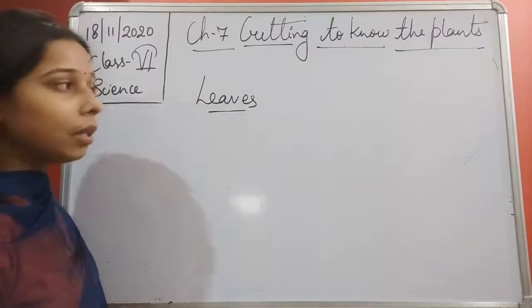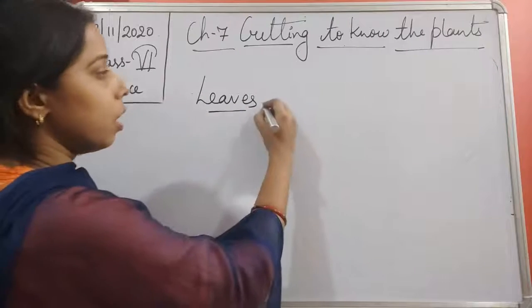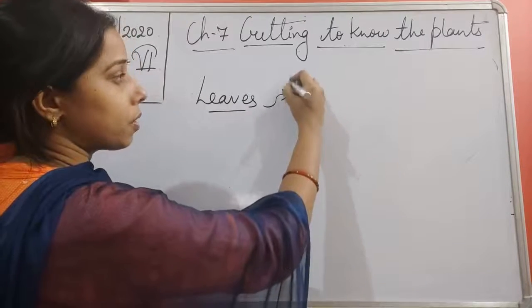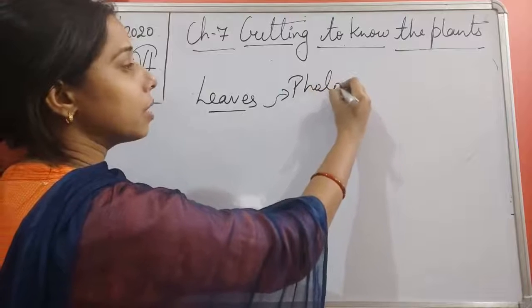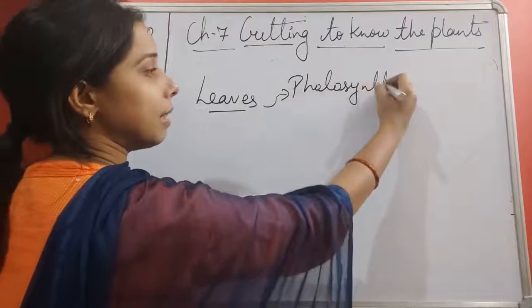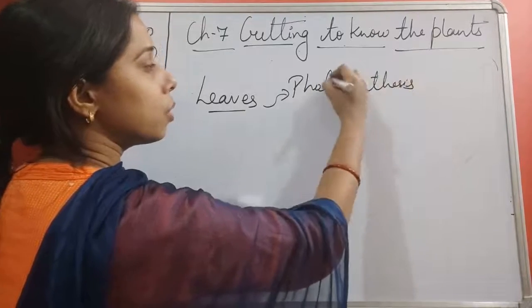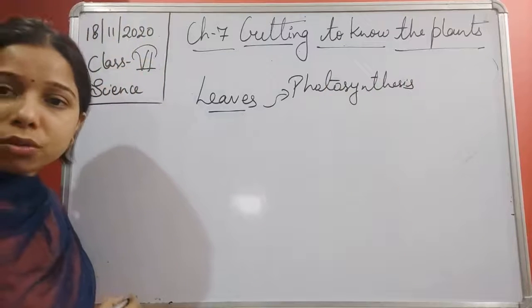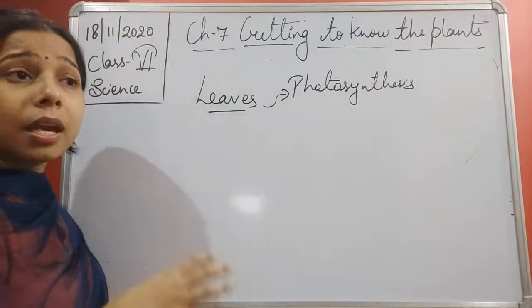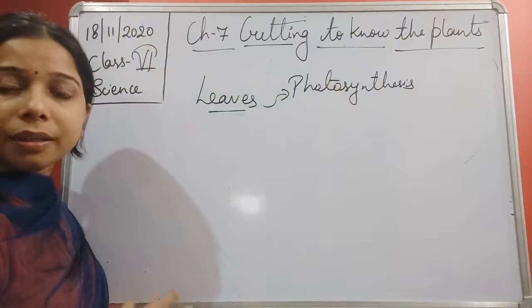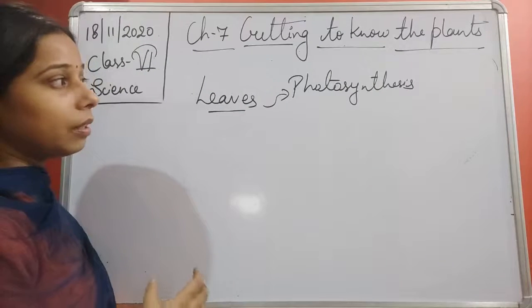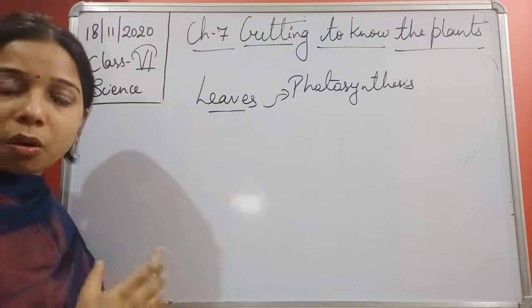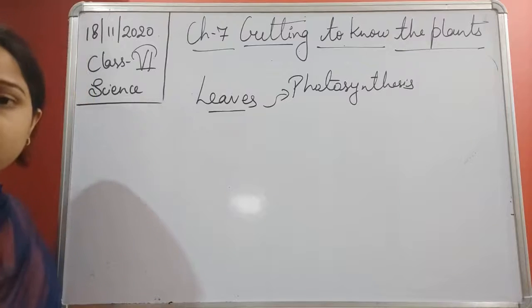And this includes the most important process performed by the leaves, which is photosynthesis. It plays a very important role in carrying the life of the plant as well as of the living organisms.